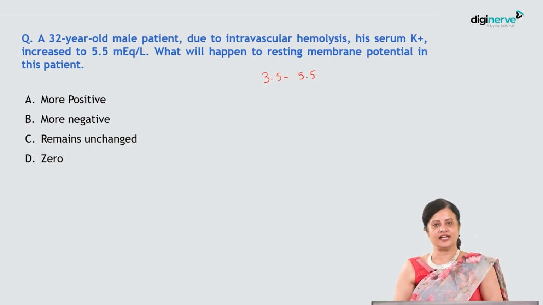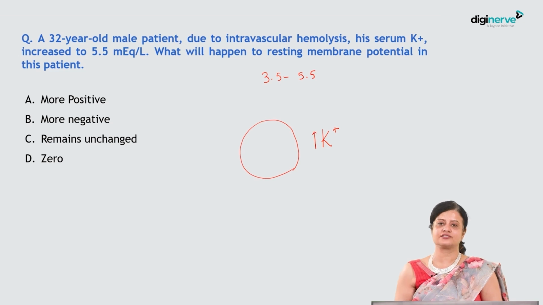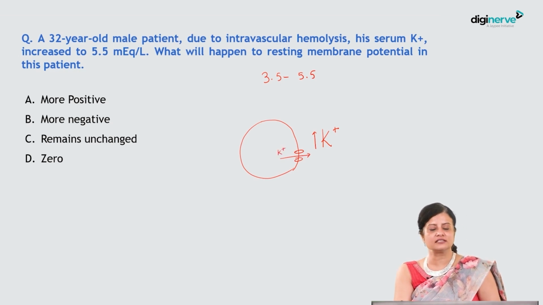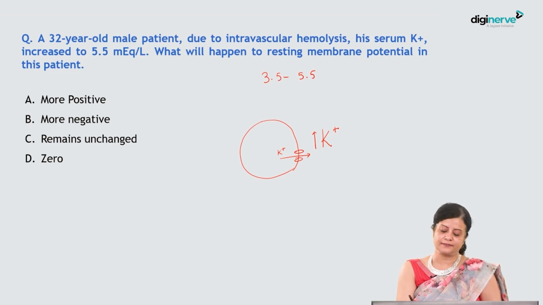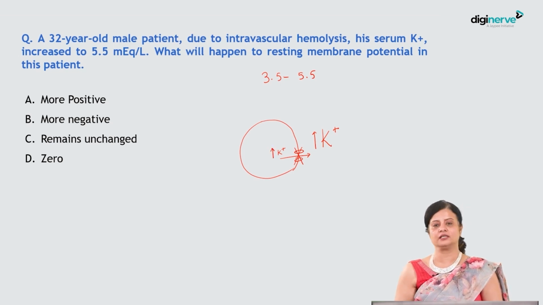This is what we have discussed many times: whenever potassium levels rise in the extracellular fluid, the permeability of the membrane to potassium efflux decreases. Because of this decrease in permeability, the levels of intracellular potassium increase.